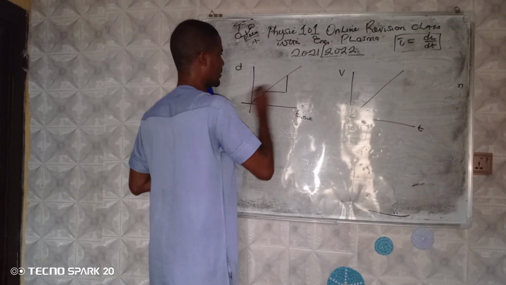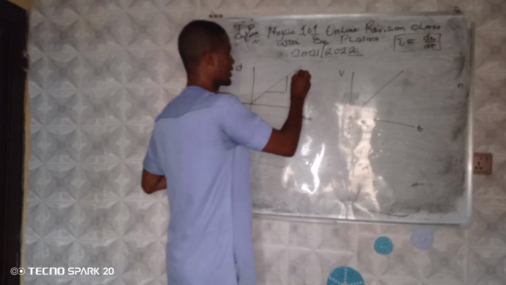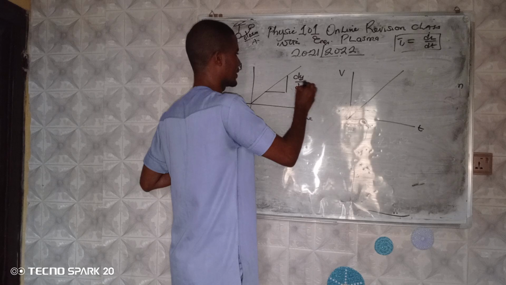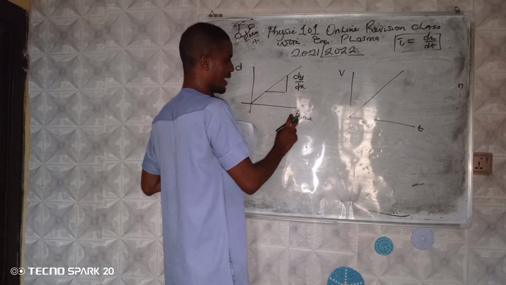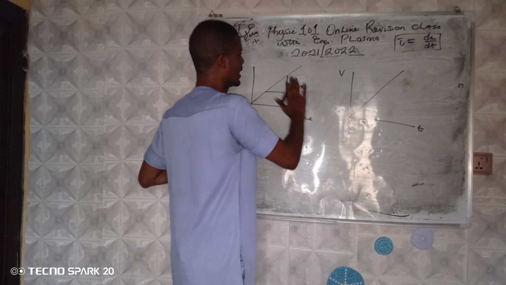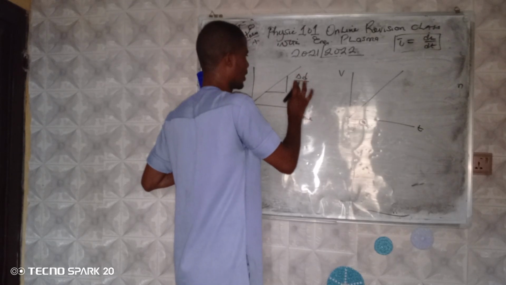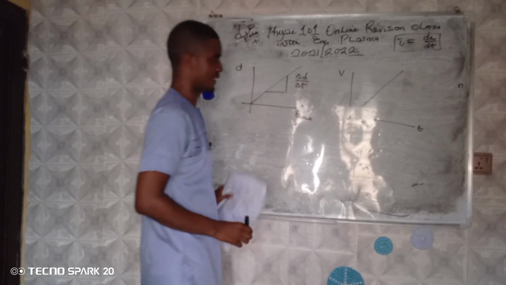If I take this slope, remember your slope is change in y over change in x. Here my x is time and my y is displacement, so it's going to be change in distance over change in time. That is my slope.